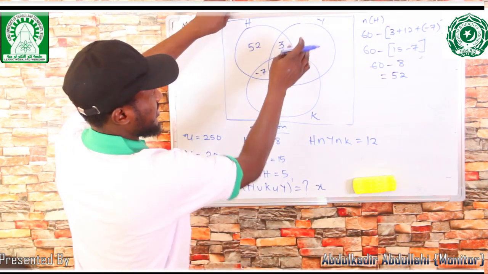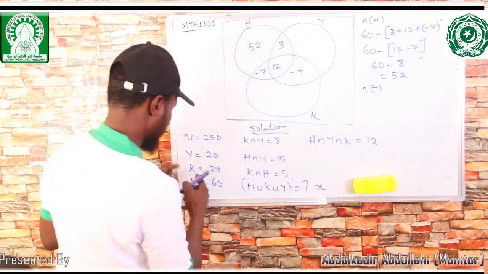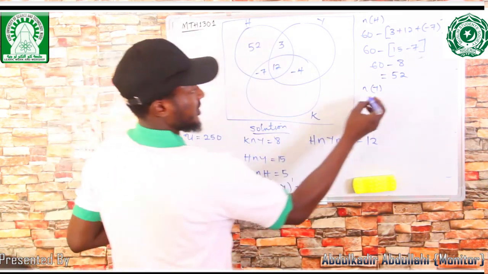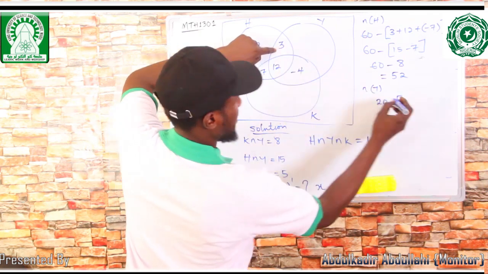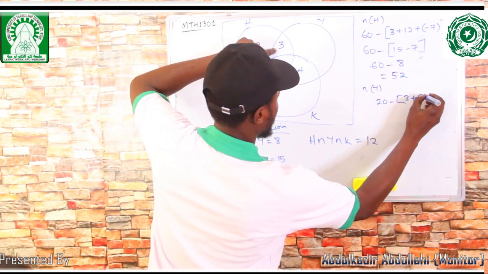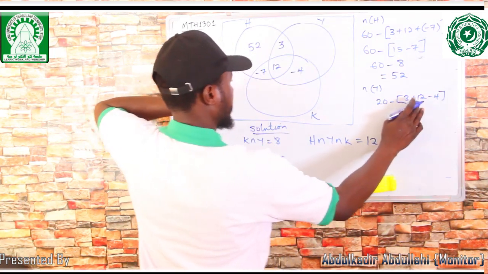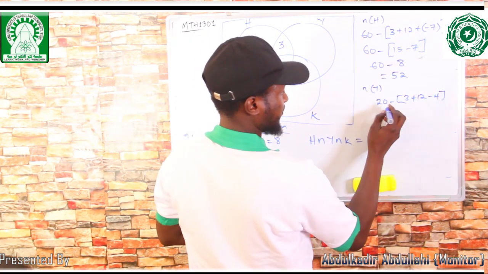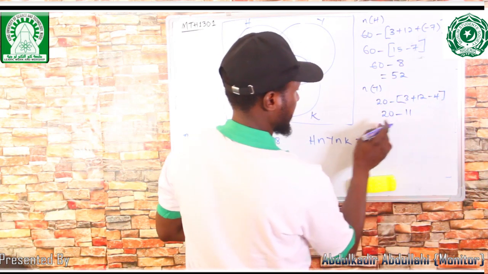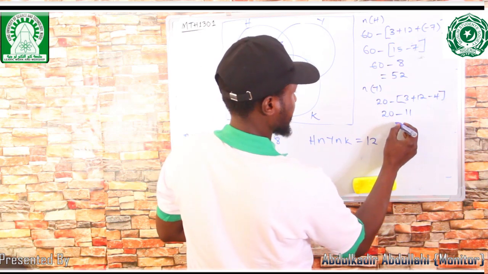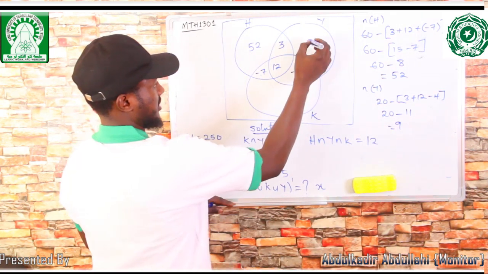What next? Then Y only. The value of Y, which is 20. So we are going to have 20 minus 3 plus 12 minus 4. 3 plus 12 is 15, and 15 minus 4 is 11. Then 20 minus 11 is 9. So this value here is 9.